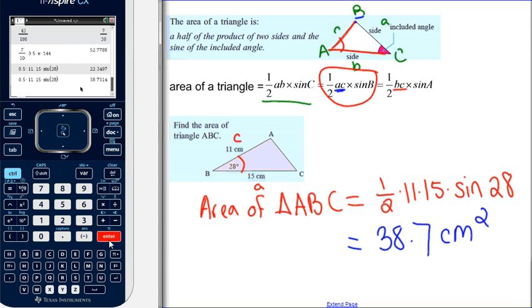And we have to make sure our calculator is in degrees because this angle is in degrees. And unlike the area of a sector or arc length, you can use degrees here. You do not have to change it to radians. You can use degrees, you can use radians, it doesn't matter.